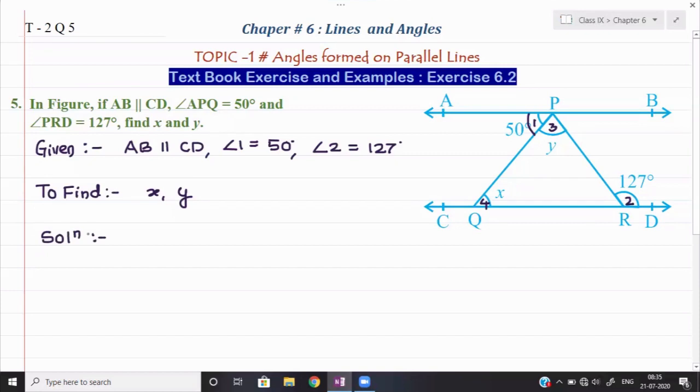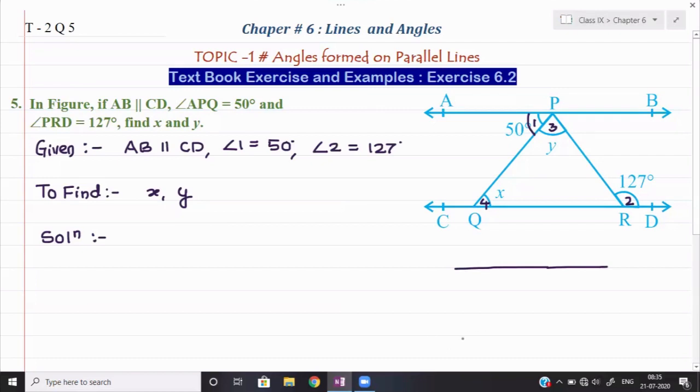Okay. Now see, once again I will make the relation in the same manner as I have made in the last question. So you need to look at that relation very carefully. Accordingly we shall start. So first of all, see, if I draw the parallel lines AB and CD.